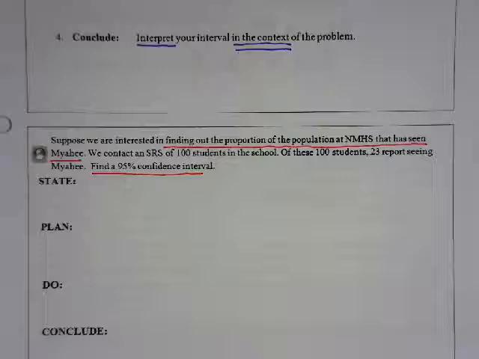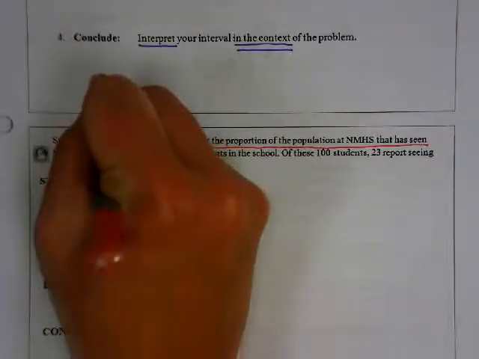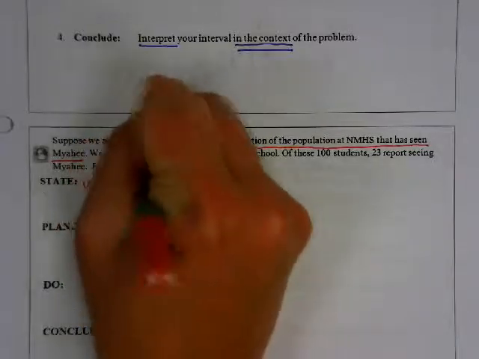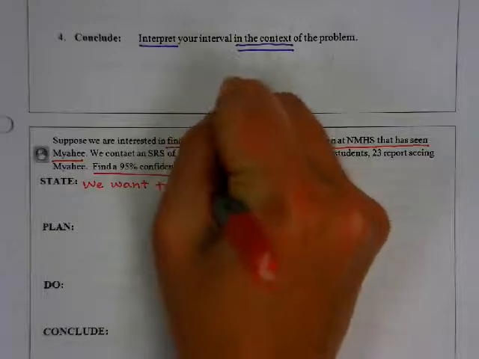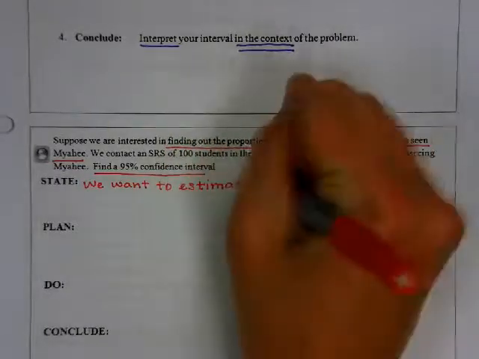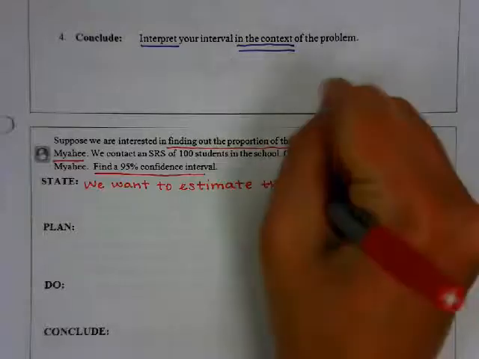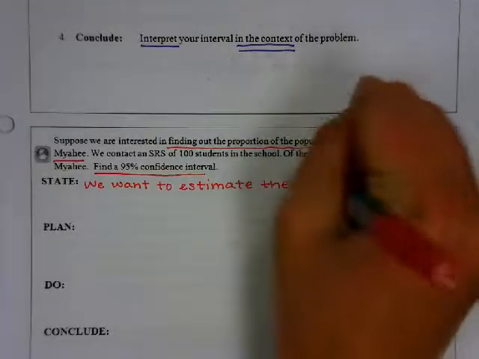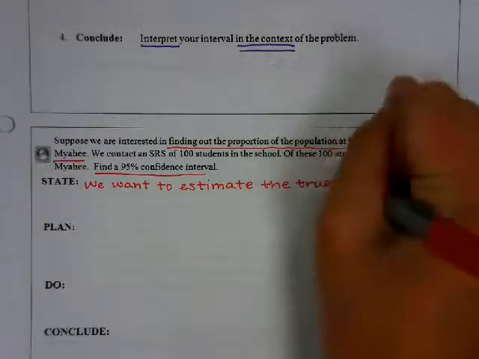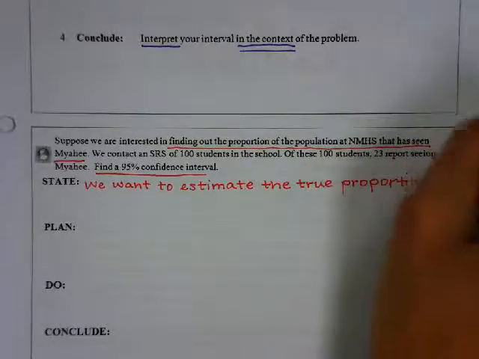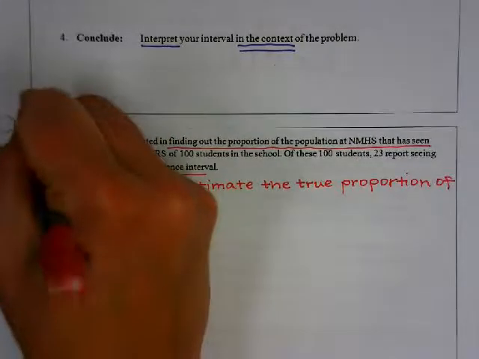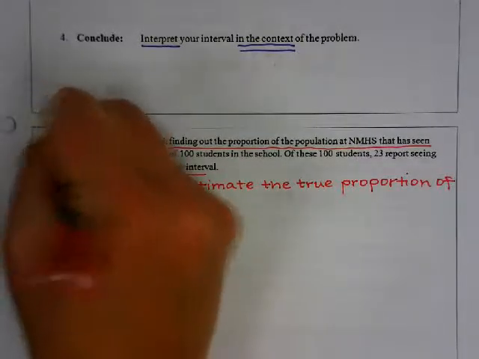I say something like, we want to estimate the true proportion, or you could say actual proportion. True is shorter, that's why I go with it, of NMHS students.